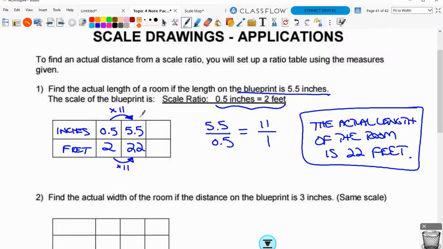And then I figured out the scale factor by doing the division. 5.5 divided by 5/10 is 11/1. So they multiplied by 11 to go from a half to 5.5. So I do the same thing down here. 5.5 inches on the blueprint corresponds to an actual length of 22 feet.